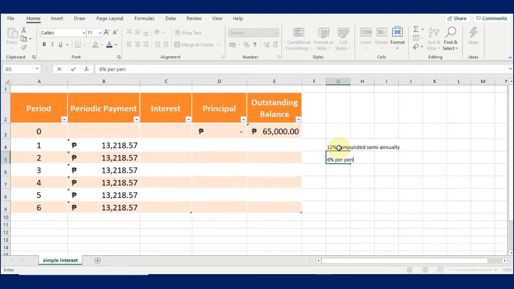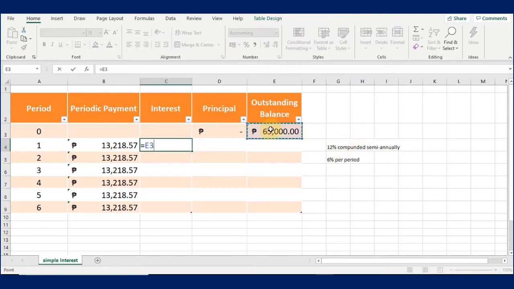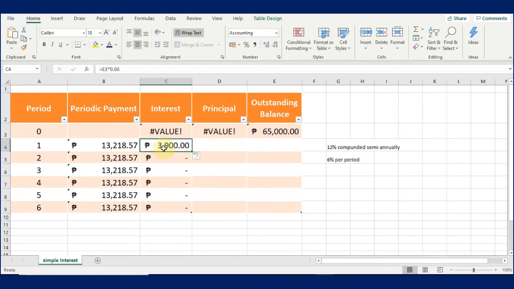And your period is 6 months. All right. So how much is the interest for the first period? So it's 65,000 times 6% of that. Okay. So that means for the first period, the interest for your loan is 3,900.